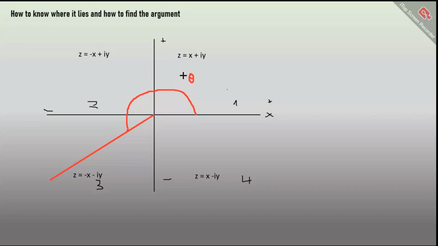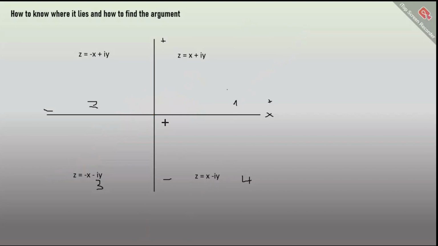You won't find this theta directly. You first look for this angle, which is alpha. So theta will be equal to 180 plus alpha. We know how to find alpha. Let's move on.